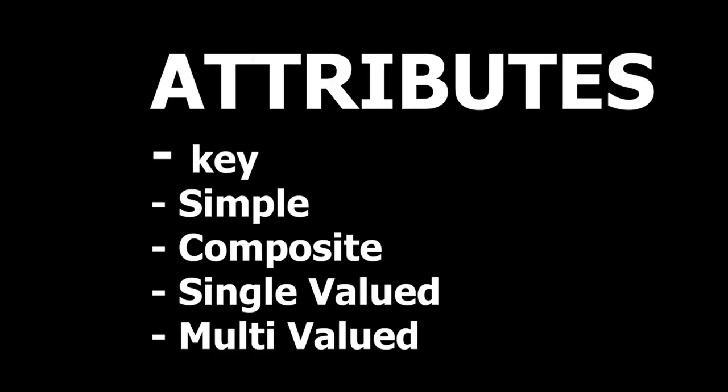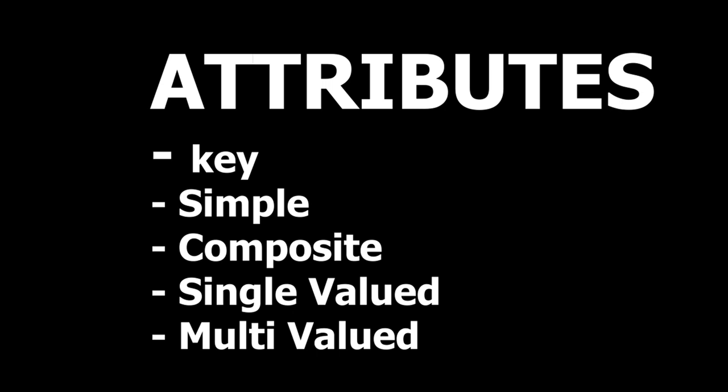Then attributes: key attributes, simple attributes, composite attributes, single valued attributes, and multi-valued attributes. Do you remember them? Take your book, read it and take notes. Then it will be very useful and easy when you study for the last exam. You can also take a pencil and underline the key points in the book.